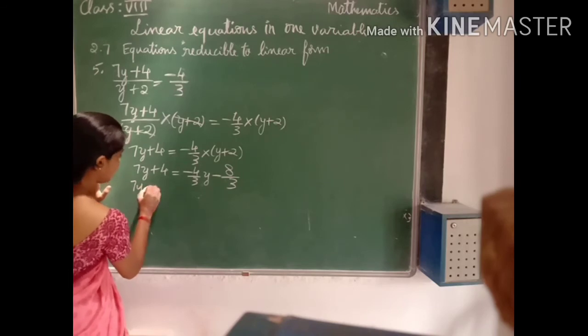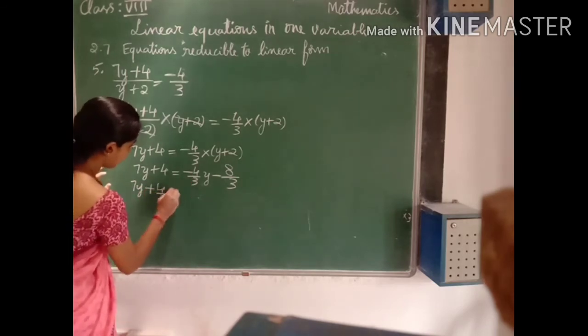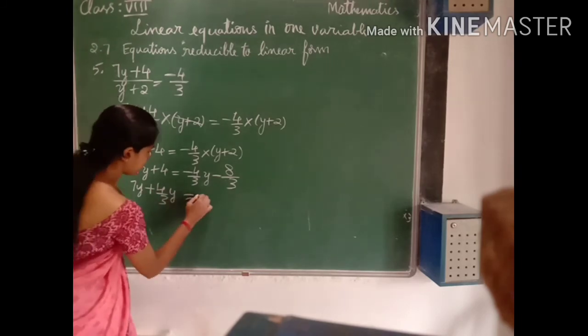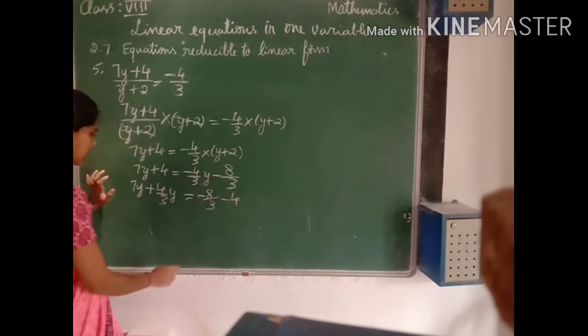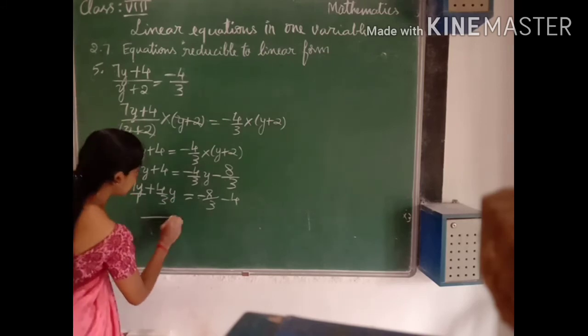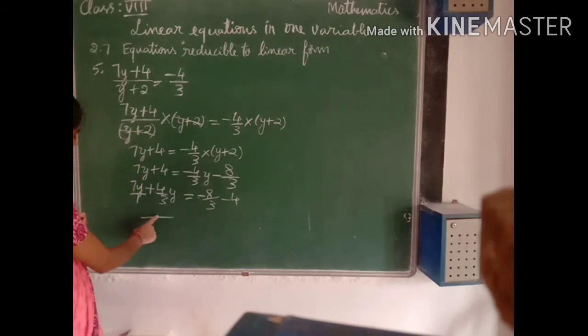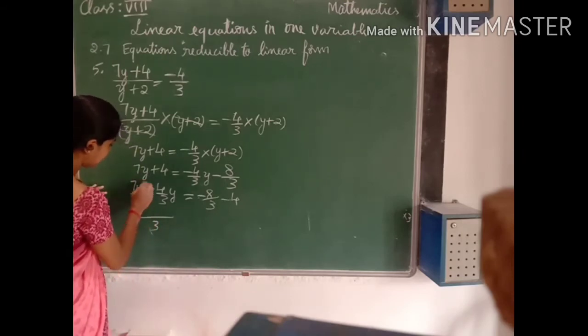7y minus 4 by 3 will become plus 4 by 3 y is equal to minus 8 by 3 minus 4. Now take the LCM of the terms. LCM of 1 and 3 is 3. 1 3s are 3.